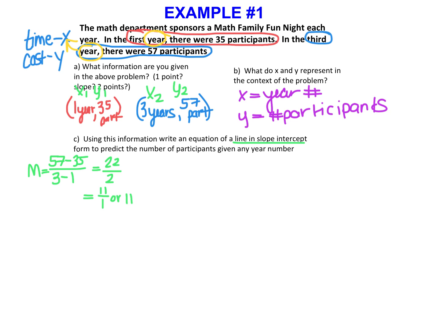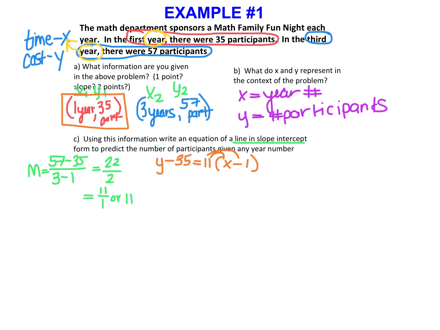Now I'm going to take this information, and I always start in point-slope form. So we're going to put it into point-slope form, which is y minus, I need to pick a point, so I'm going to pick this first point here. So y minus my y-coordinate of 35 is equal to my slope times x minus my x-coordinate of 1. So that there is point-slope form, and I then need to rewrite it into slope-intercept form.